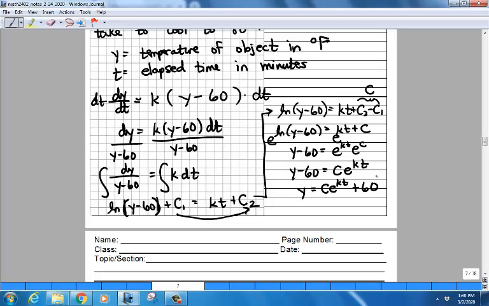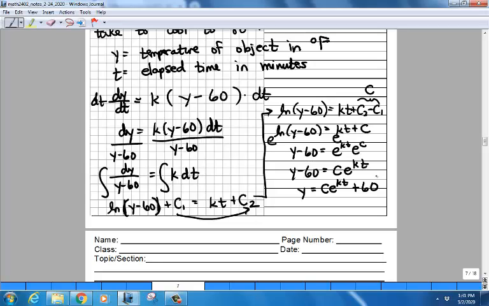Now to actually answer questions here, I've got to figure out what this is and what this is. So what's the constant of proportionality and what is the C? Be careful now. C is not quite what you're expecting here from the previous examples, because what's the initial temperature of this object when you put it in the room? 100.